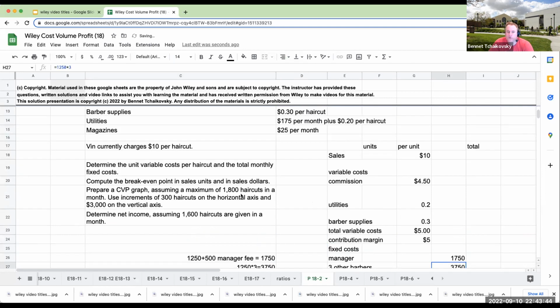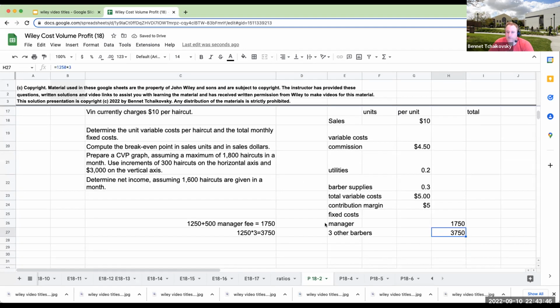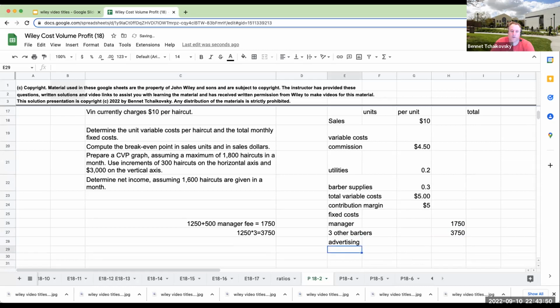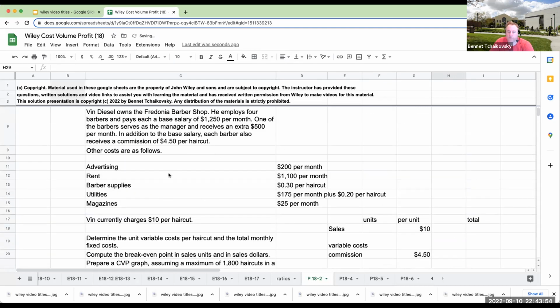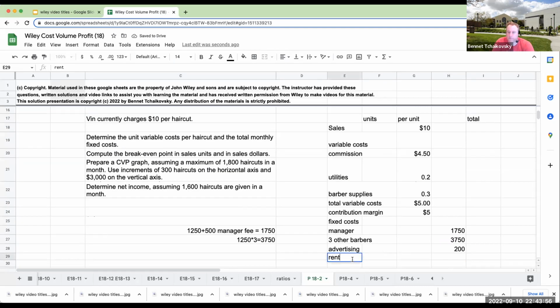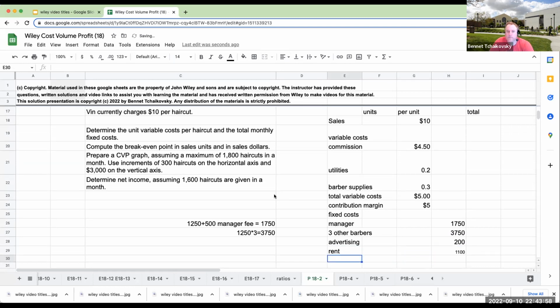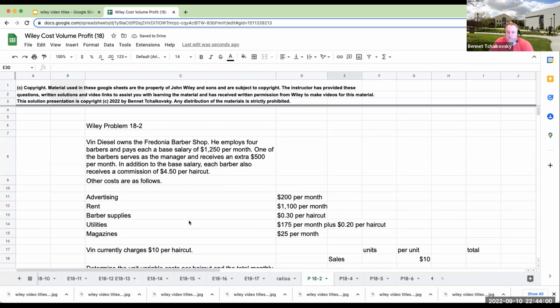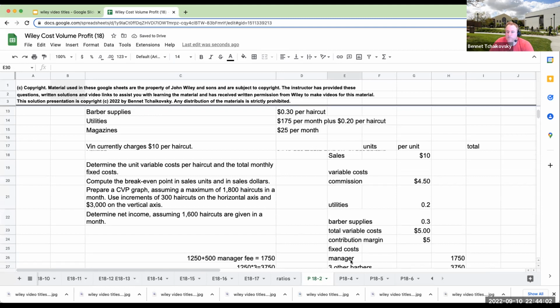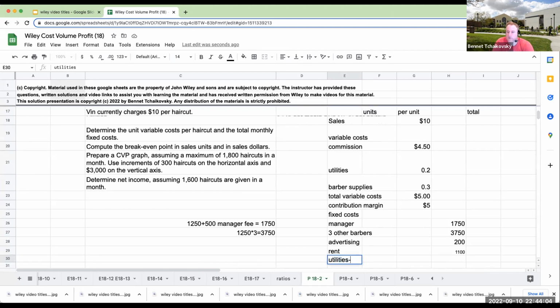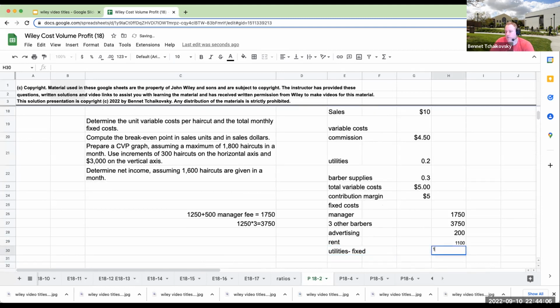We also have advertising, which is going to be $200 per month. We've got rent at $1,100. We also have utilities, where the fixed portion is going to be $175 per month.